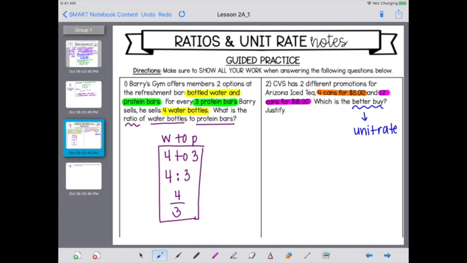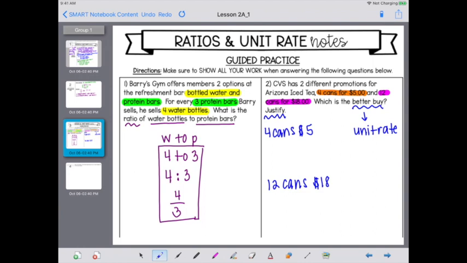When you find how much 1 can of Arizona iced tea sells for each promotion, you can compare which one is the best for you and why, because you have to justify. So here we have, again, 4 cans for $5, and then we have 12 cans for $18. We need to figure out which one would be the better buy.